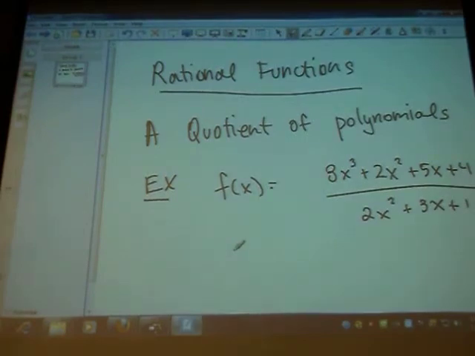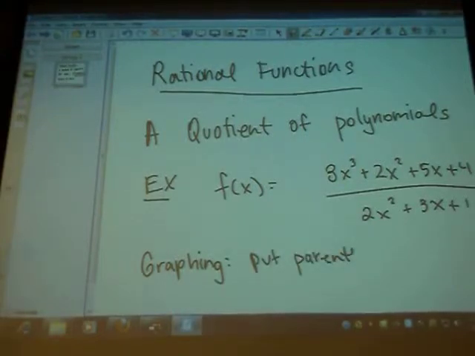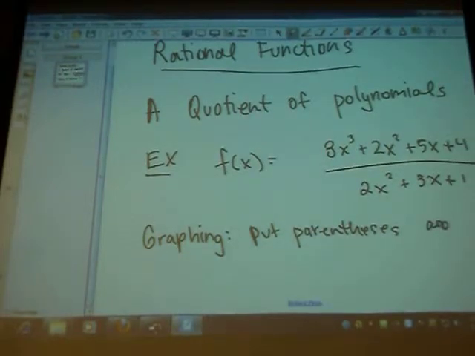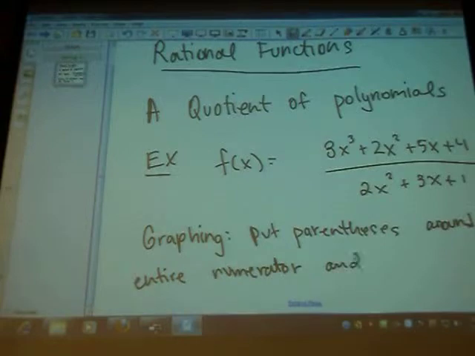So when you're graphing this, parentheses around your entire numerator and your entire denominator.